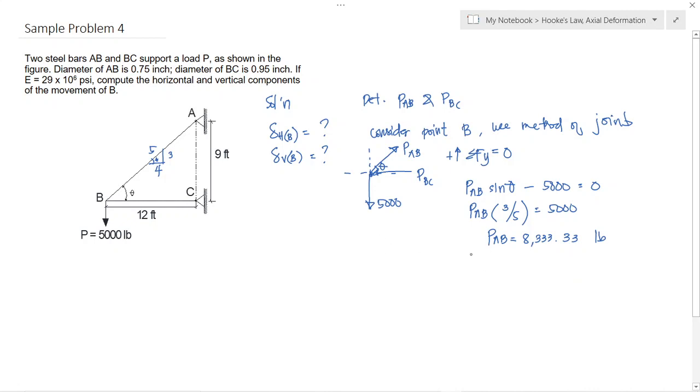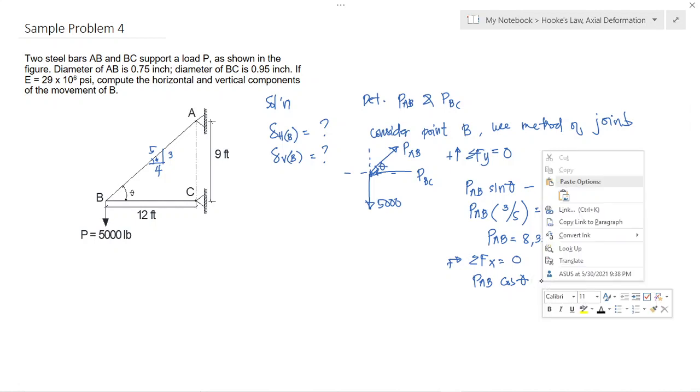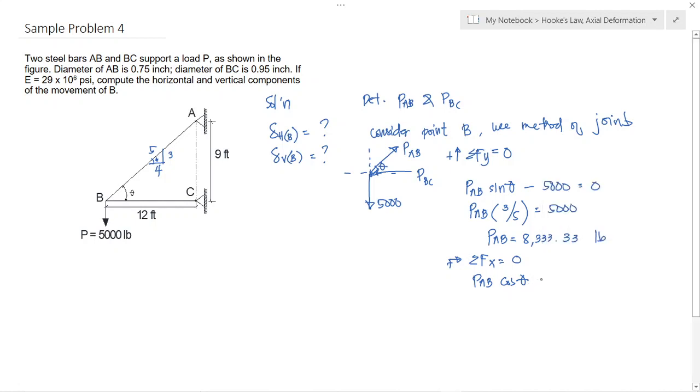Taking summation of forces along x, or horizontal, equal to 0, positive to the right, we have PAB multiplied by cosine of theta. That is positive to the right. Since PBC is to the left, minus PBC equals 0. So we have PBC equivalent to PAB multiplied by cosine of theta, which is 8,333.33 multiplied by cosine of theta.